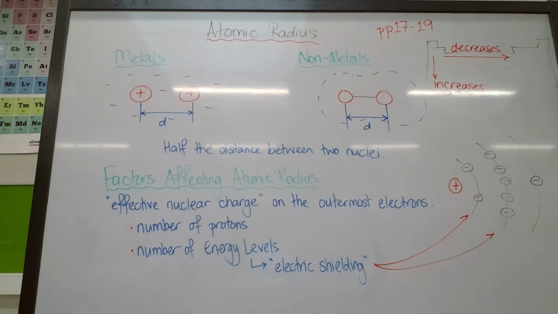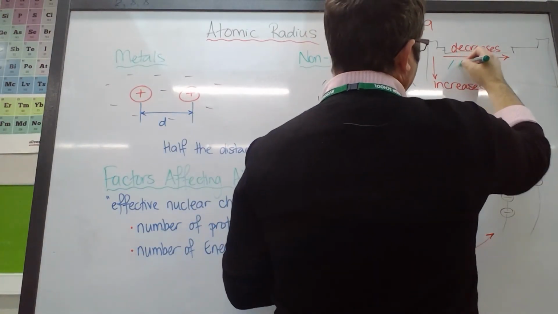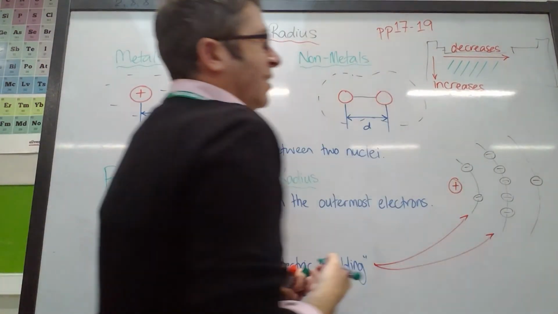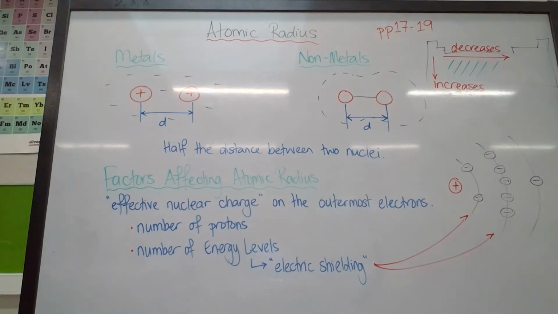Now, of course, there's going to be an exception. It wouldn't be year 13 without some exceptions and things that annoy us and have to remember. You're going to find some very interesting patterns in the transition metals as you go across, that they don't tend to get smaller at all. They tend to stay about the same as you go across in the transition metals.